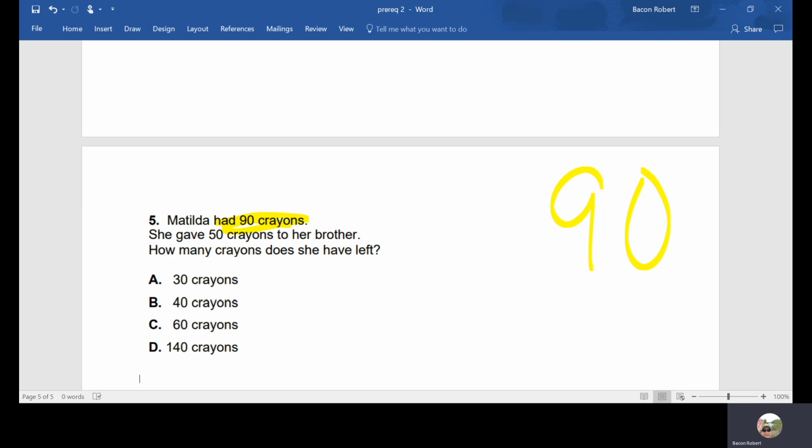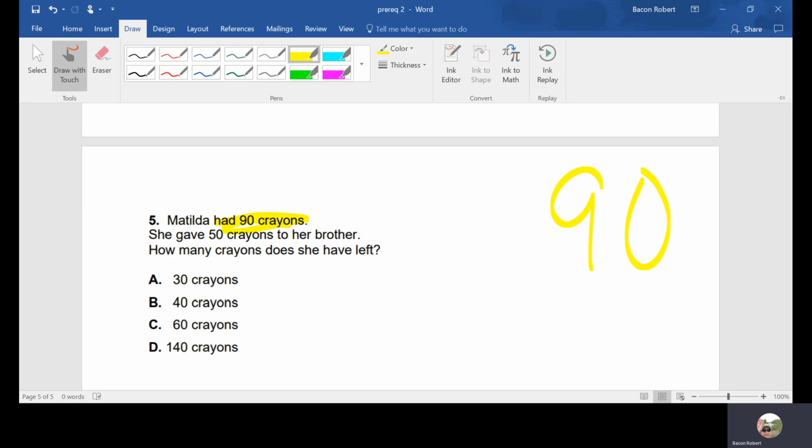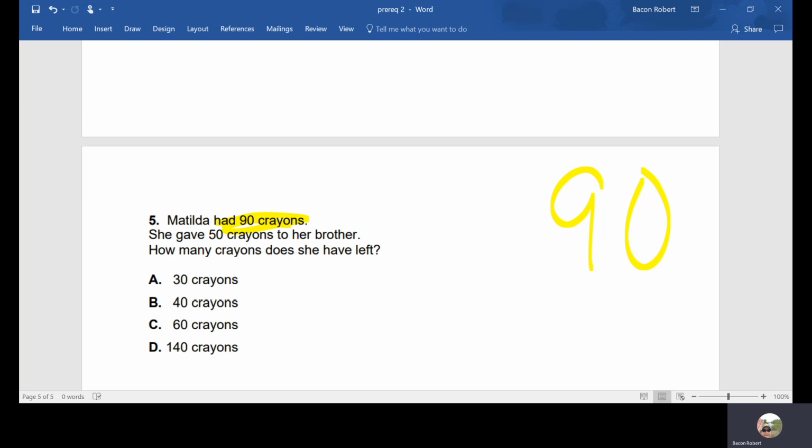Looks like a big number, but don't be worried about it because you guys can do this. She gave 50 to her brother. Gave. She no longer has them. She gave them away. How many does she have left?